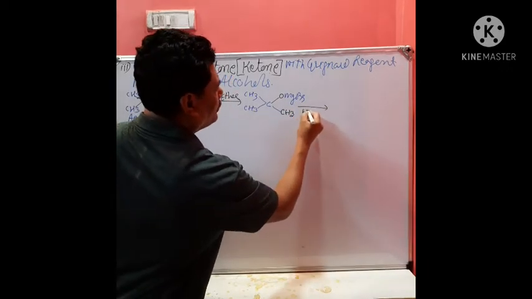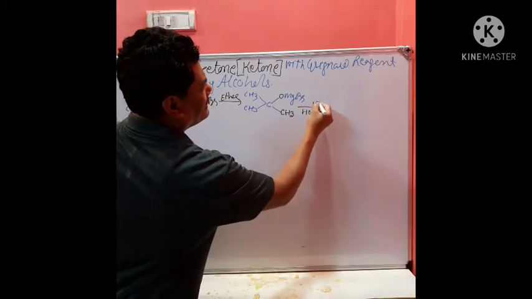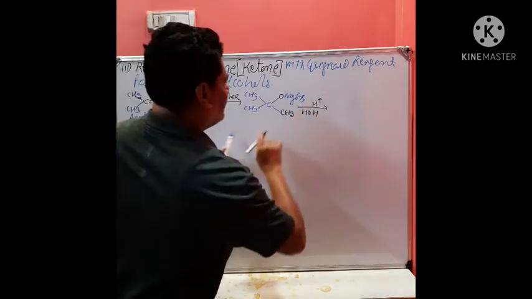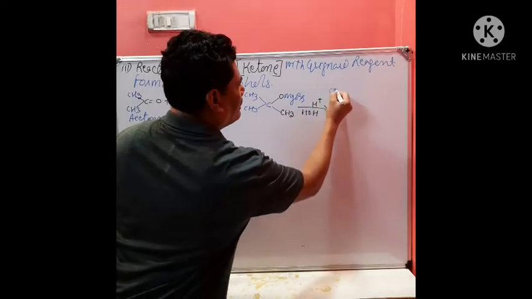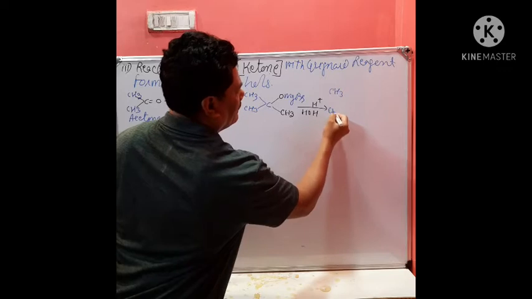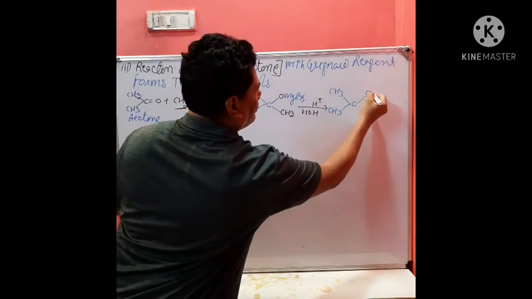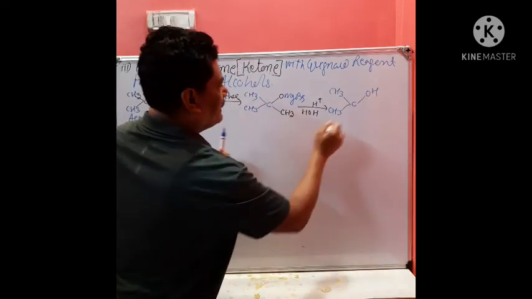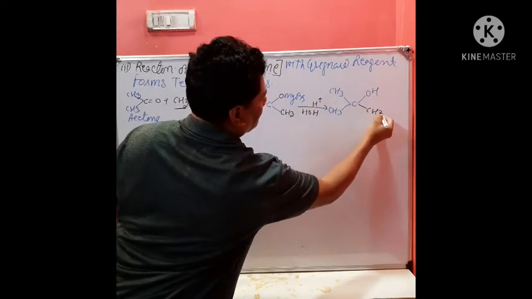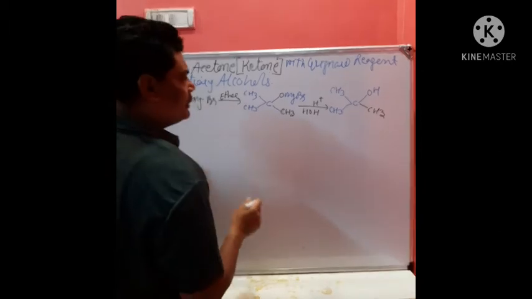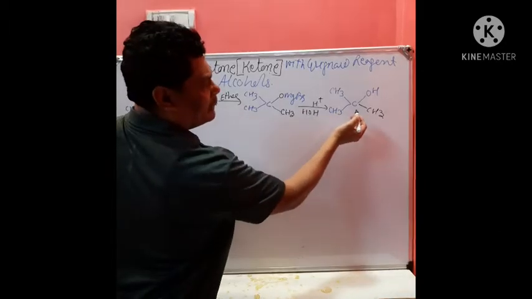So upon hydrolysis in the presence of acid, the final product will be CH3, CH3, C, OH, and CH3. So what is the name of this compound?